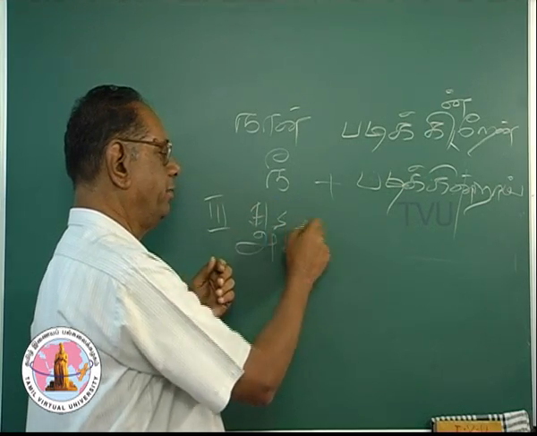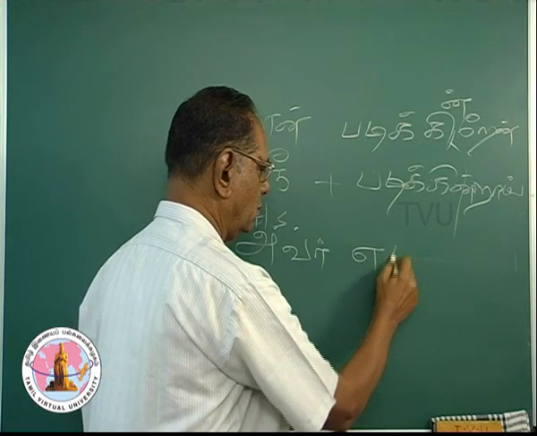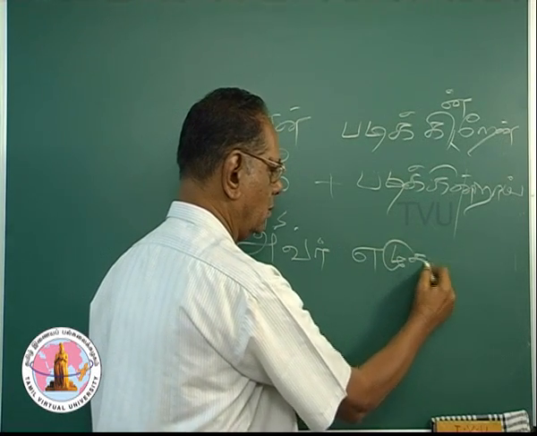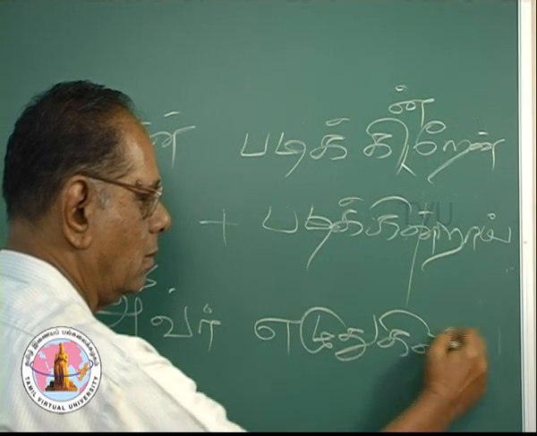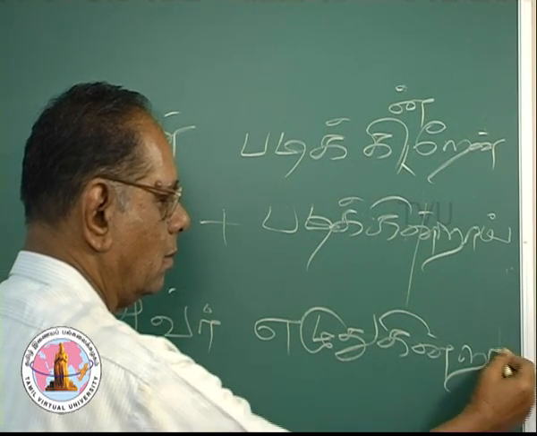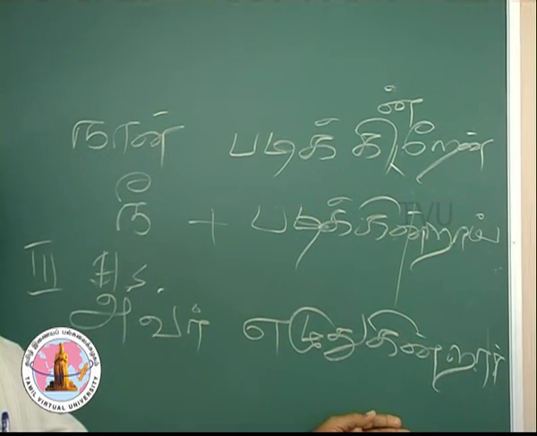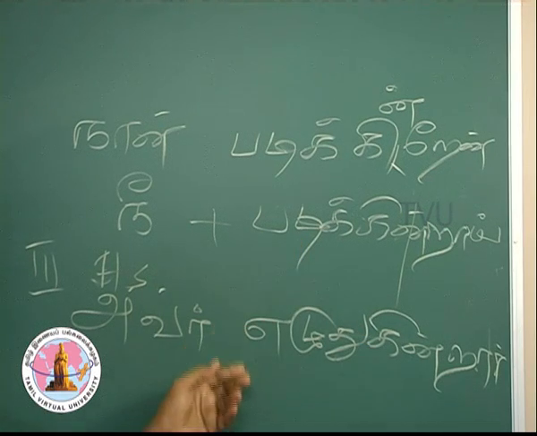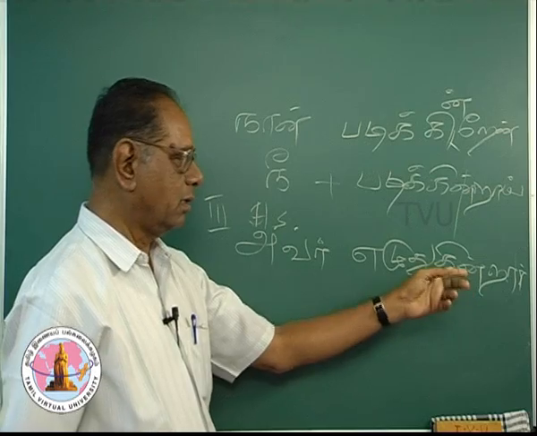Honorific singular. Our. எழுதுகின்றார். So for padi it will be படிக்கின்றார். I am introducing another verb. எழுதுகின்றார்.